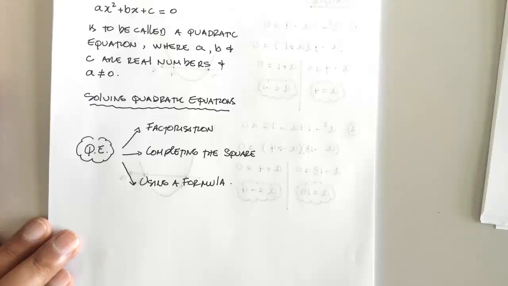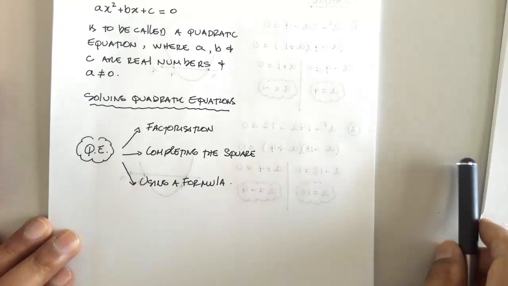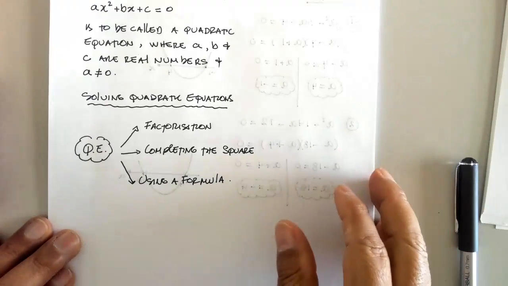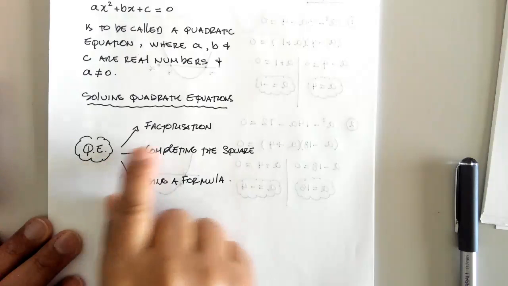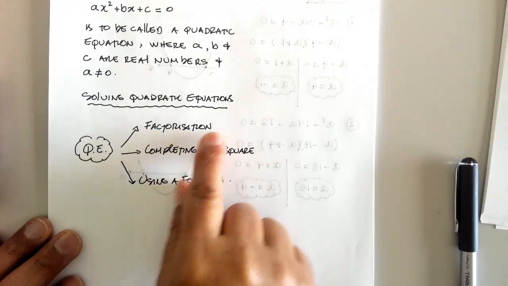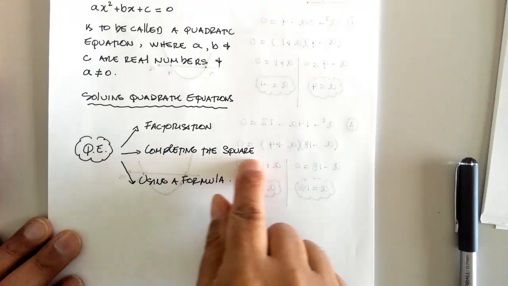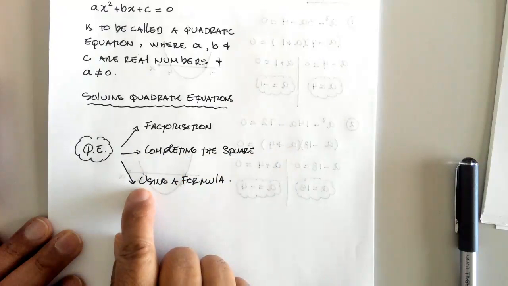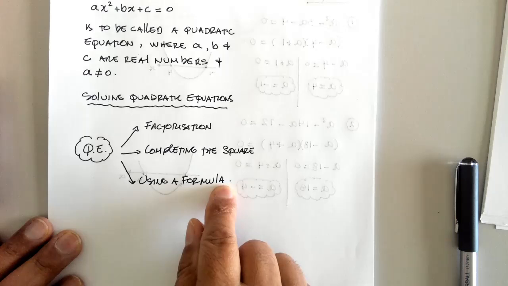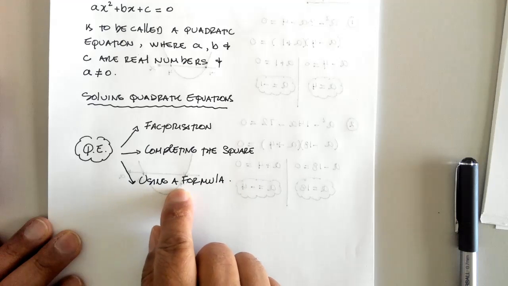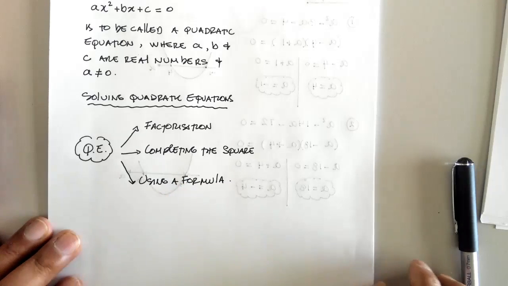We can solve quadratic equations in three different ways: by factorization, by completing the square, and later you will see that we can also use a formula.